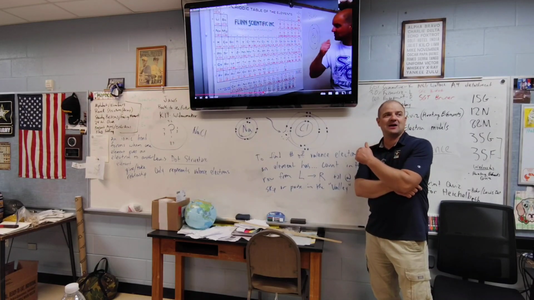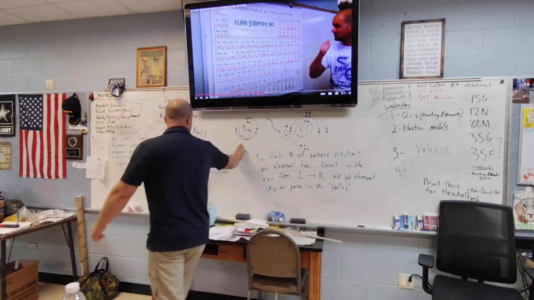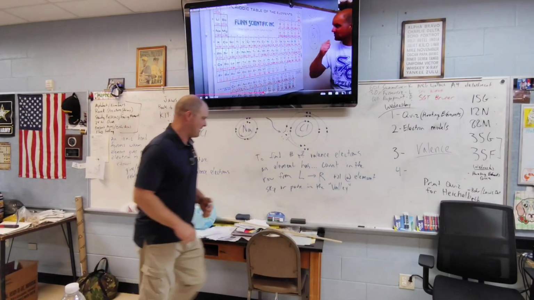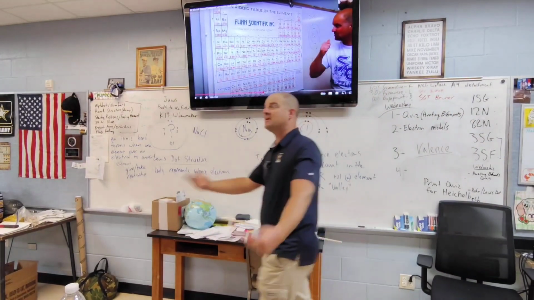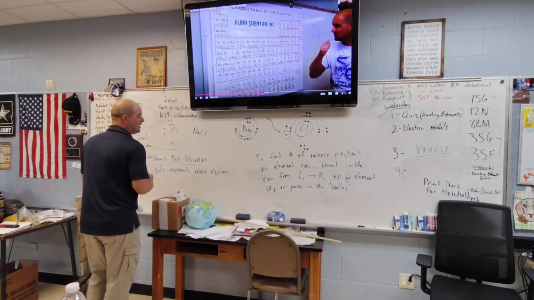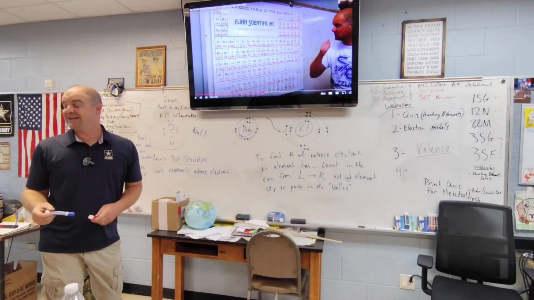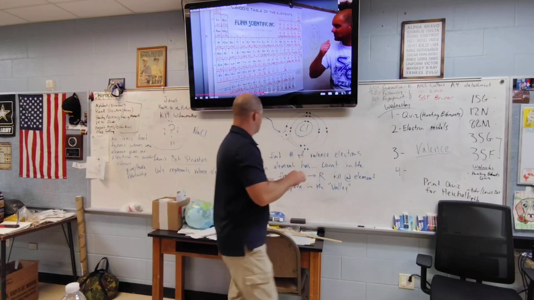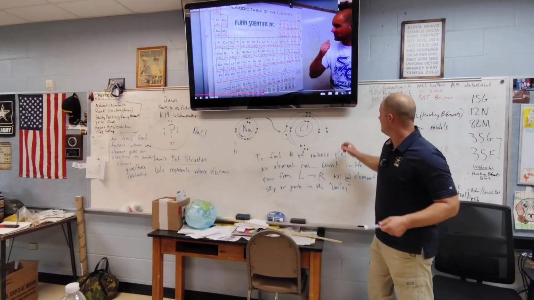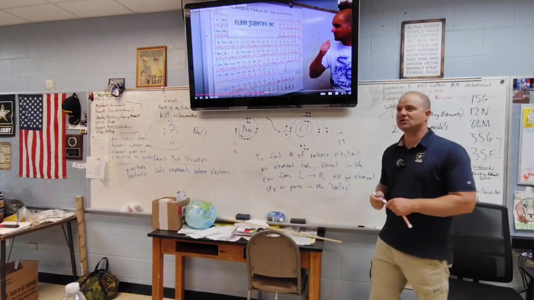They're both ions now because they both either lost or gained an electron. How many protons does sodium have? What is its atomic number, in other words? 11. How many electrons did it have? 11. What about chlorine? 17 protons and 17 electrons.